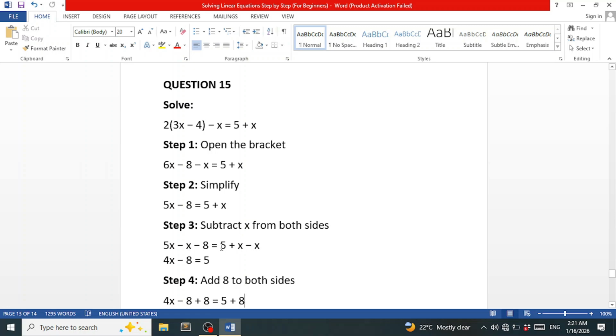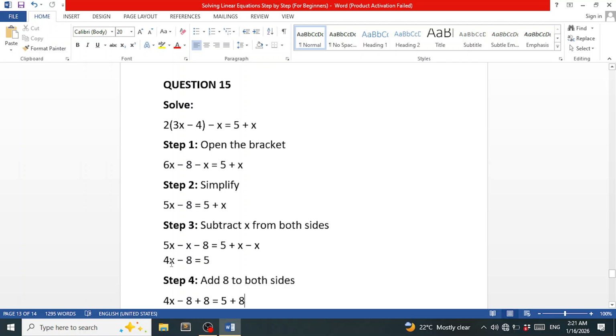Here you might be wondering why I'm not getting 4x minus 8 and subtracting them, because 8 does not have x on it. That means they are different terms. Unless this 8 would have also x on it, and since it doesn't, I have to take it to the other side where we have got 5 as another number.